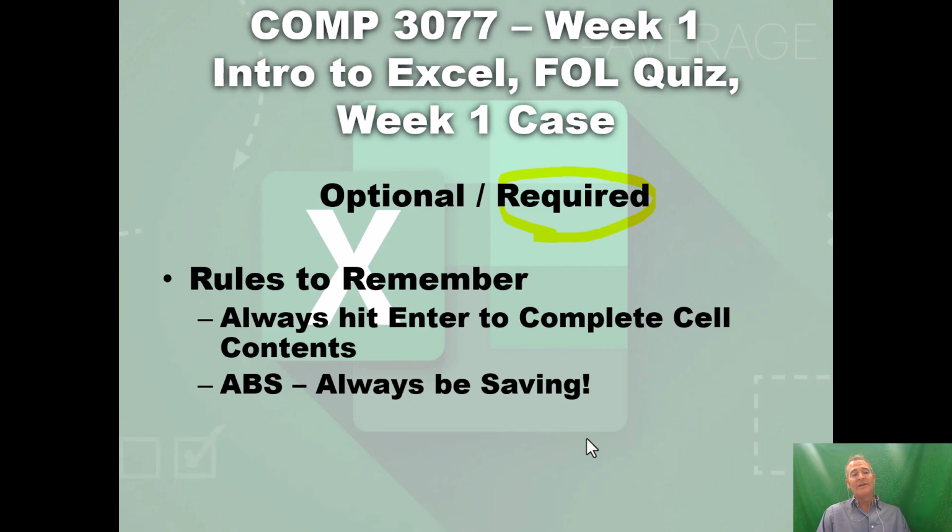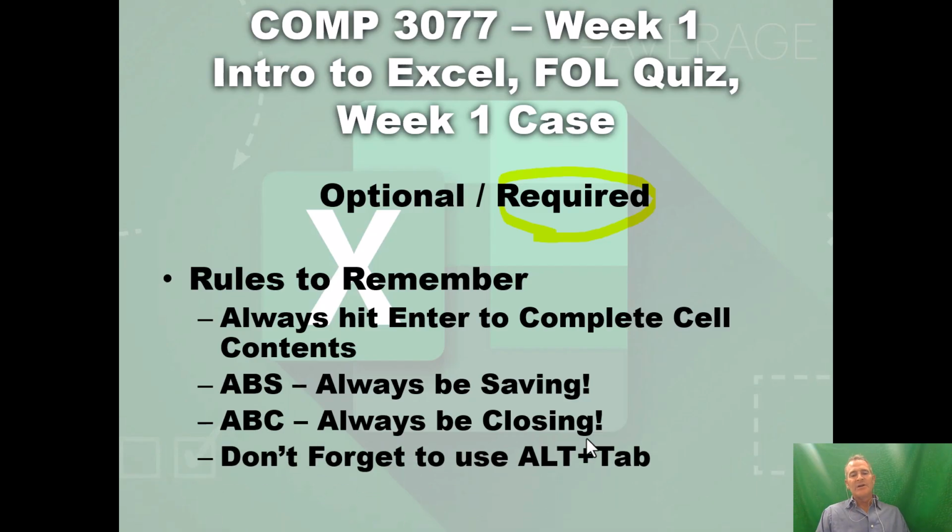I know it's cool that at the very end, if you close it, it automatically saves it. So if you forgot to save the whole time, you're going to get it saved anyway, but save it throughout anyway. And then at the end, close it. Always be closing. And then finally, don't forget to use Alt-Tab. Okay, so Alt-Tab's a great tool if you don't have 2 monitors to save you a lot of time going back and forth between the instructions and the Excel case file itself.